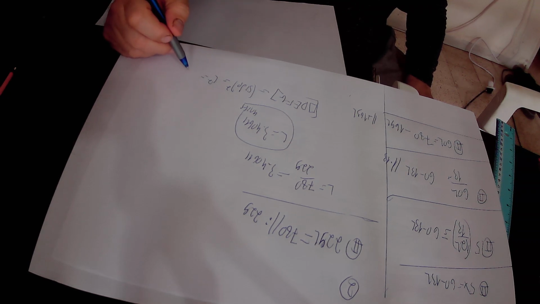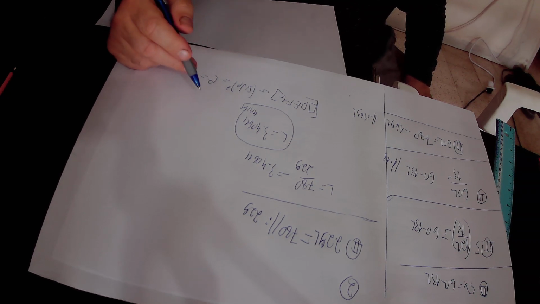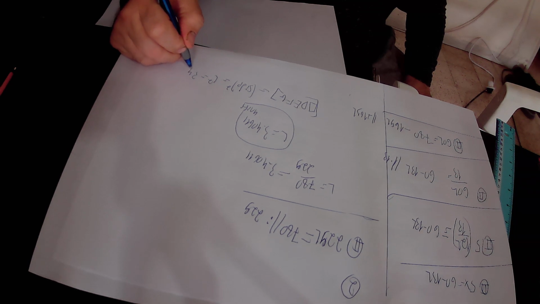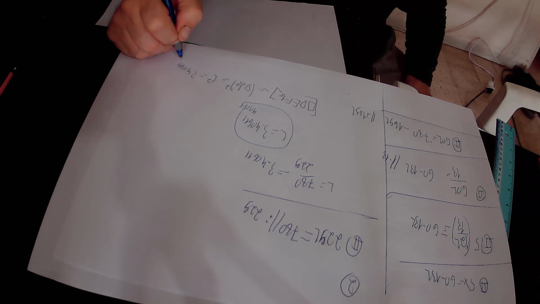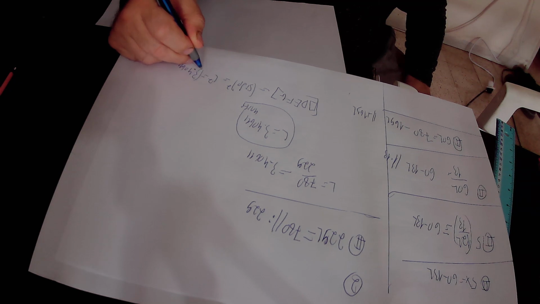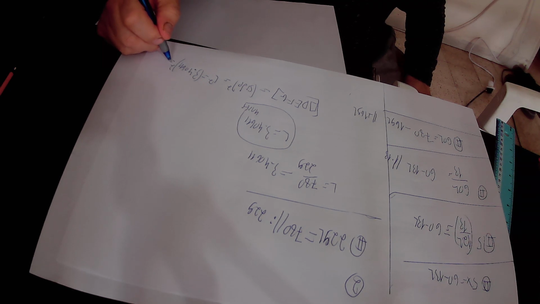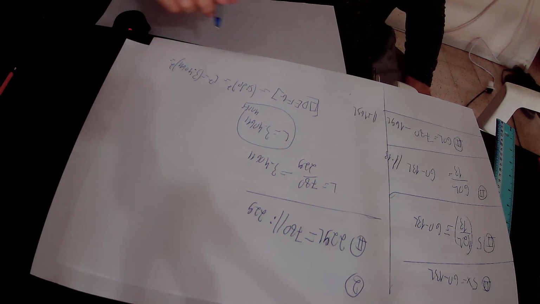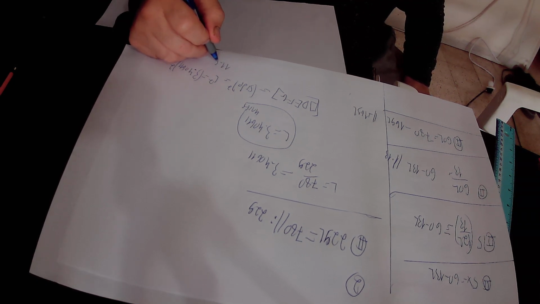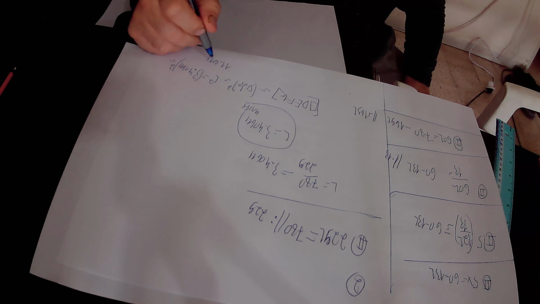I now found out that L equals 3.40611, and L squared is 3.40611 squared, which equals 11.6016 square units.